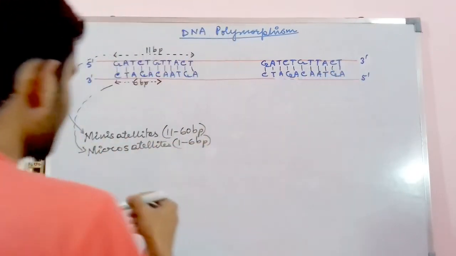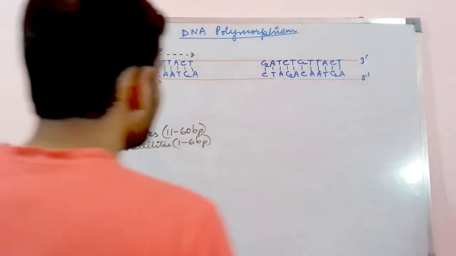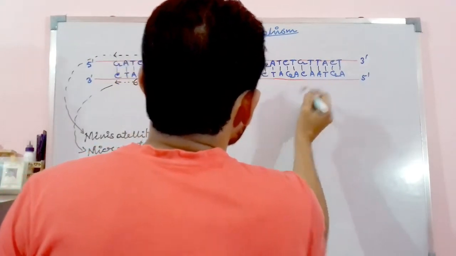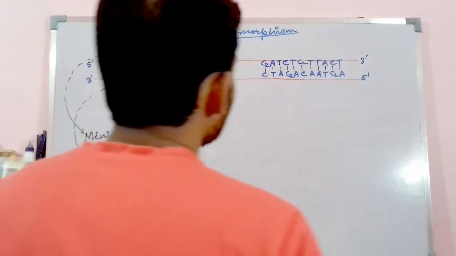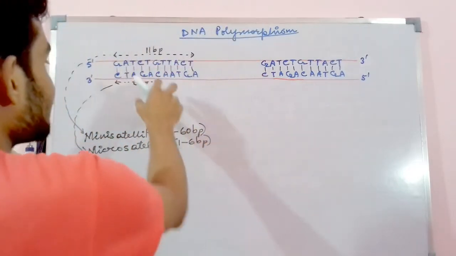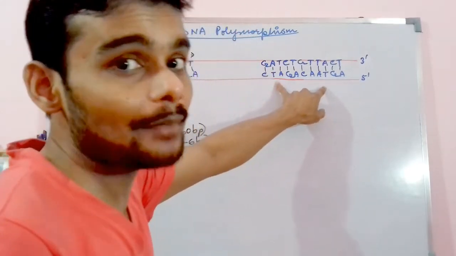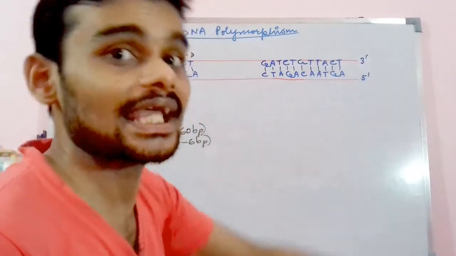Now, in this entire repetitive sequence of the DNA, it is not always that this sequence would be exactly the same in all the repetitions within the same genome.